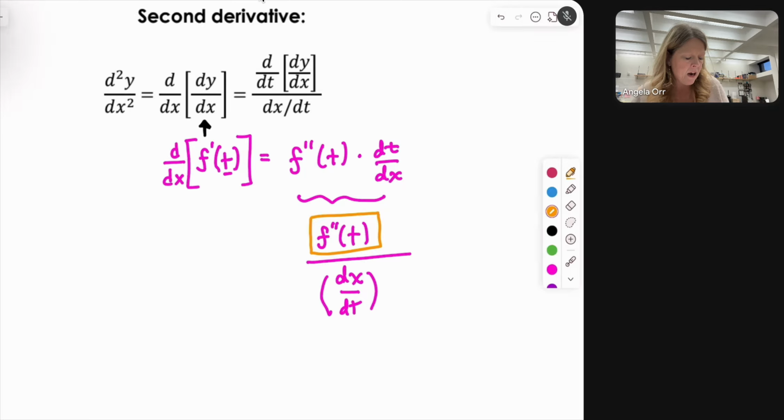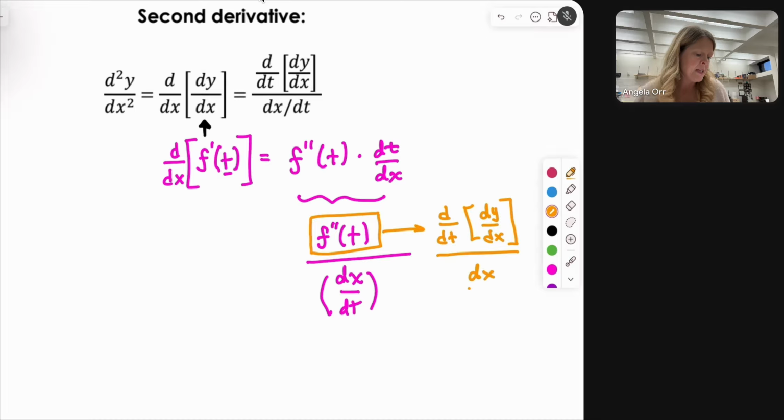So in Leibniz notation, that is the derivative with respect to t of dy/dx, which was a function of time itself, divided by dx/dt. All right, so that's the general conceptual framework.